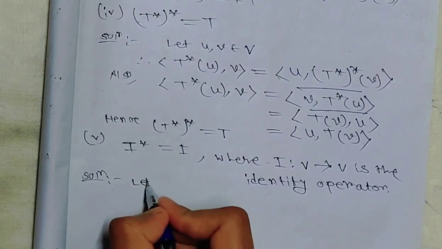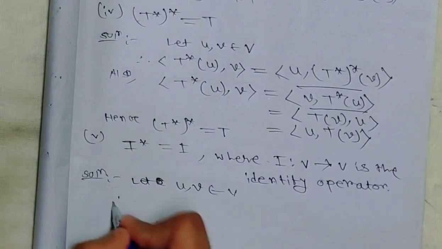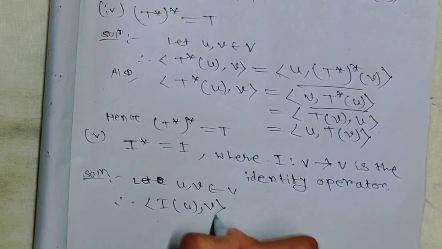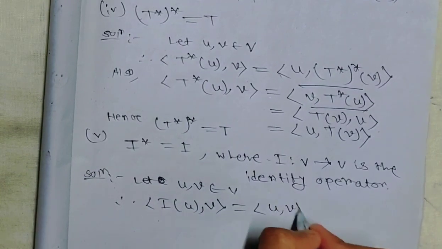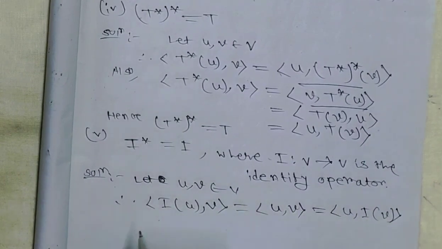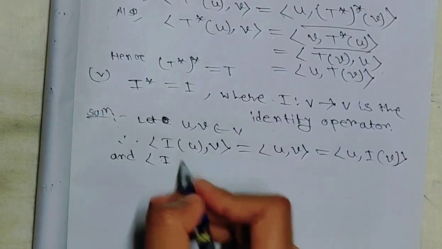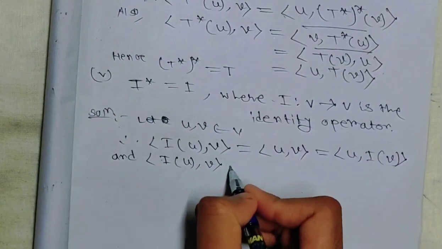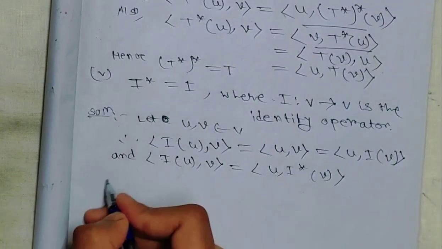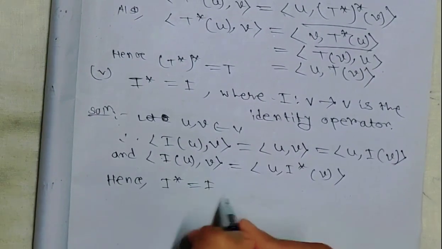Here let u comma v belongs to V, therefore inner product of Iu comma v equals u comma v, that is also equals u comma I of v, and inner product of I of u comma v equals u comma I star of v. So what we got, I star equals I.